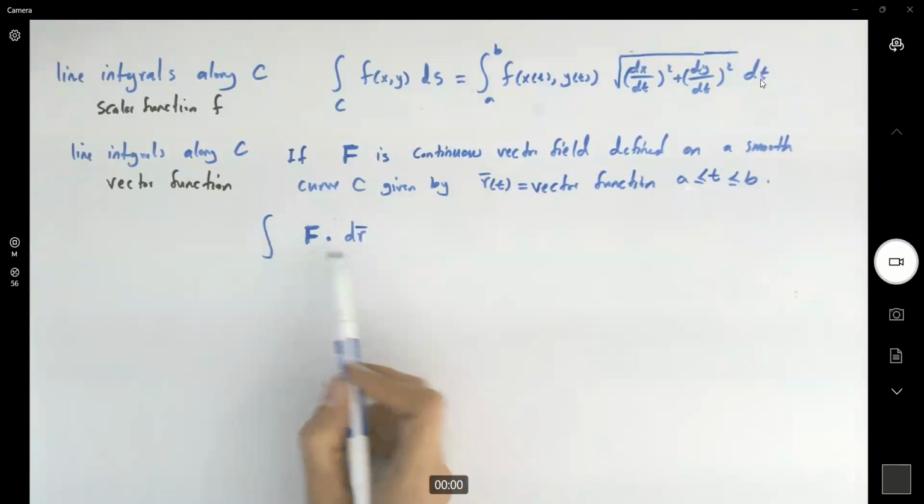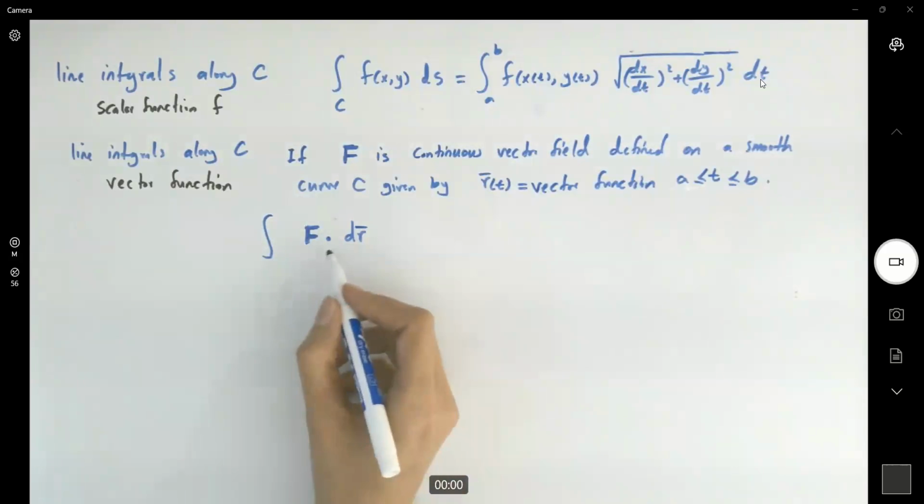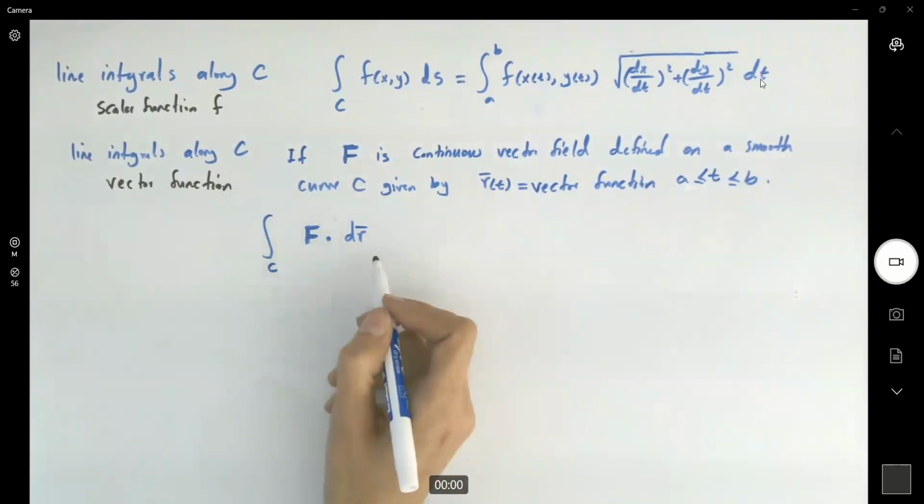Guys, here you're dealing with two vectors. That's why we need to have an operation between two vectors.